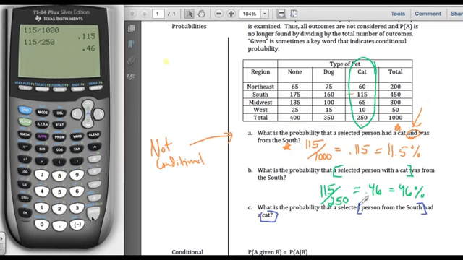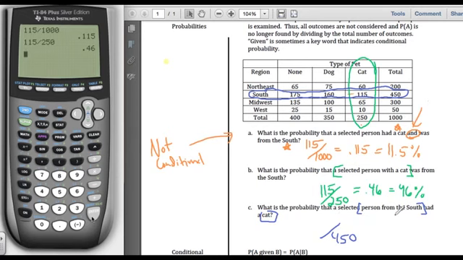I'm looking at the probability that the selected person is from the South, so I know that about the person. The person was from the South. They weren't from the Northeast, they weren't from the Midwest, they weren't from the West, they were from the South. So I'm only looking at these 450 people. I'm not looking at all 1,000, not the entire sample space.